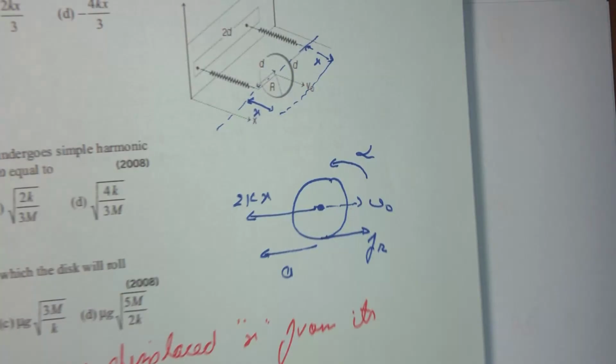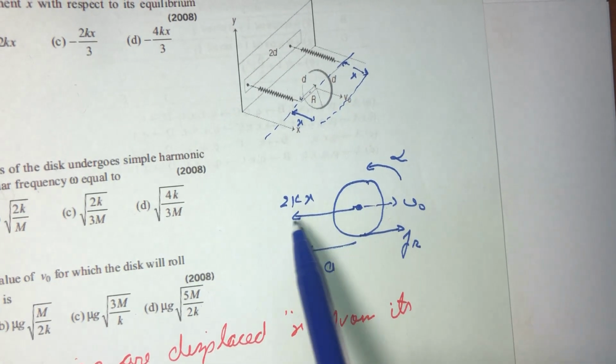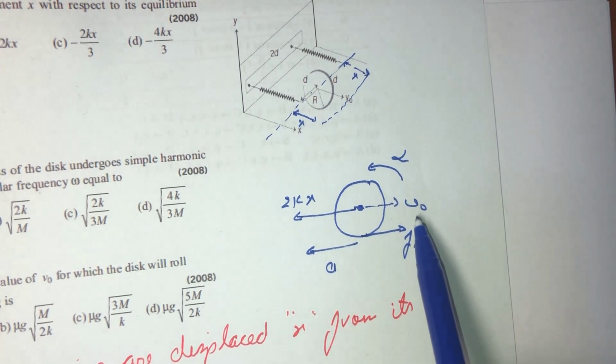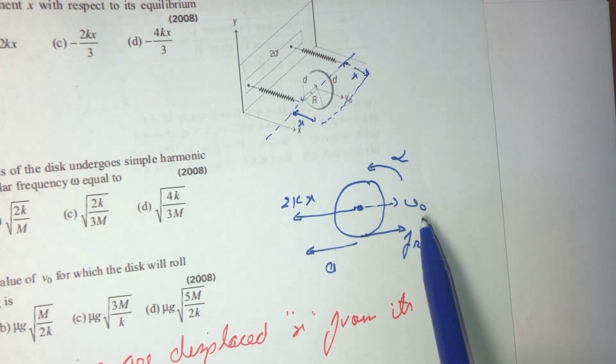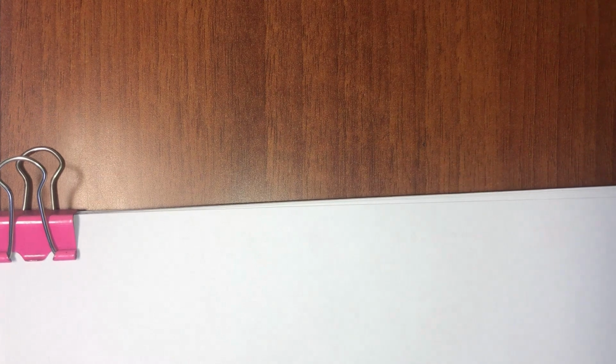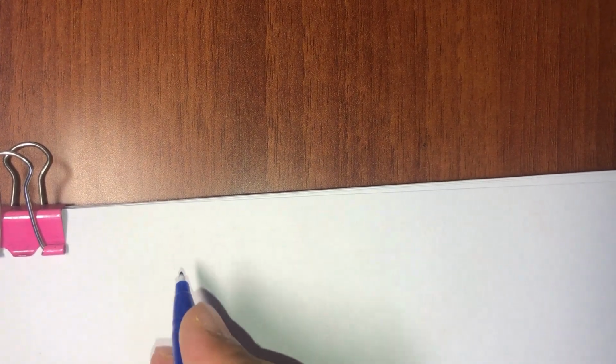linear acceleration will be equal to r times angular acceleration. Now from the figure, we can see that the spring force Fs is opposite to the linear velocity, that is v0.